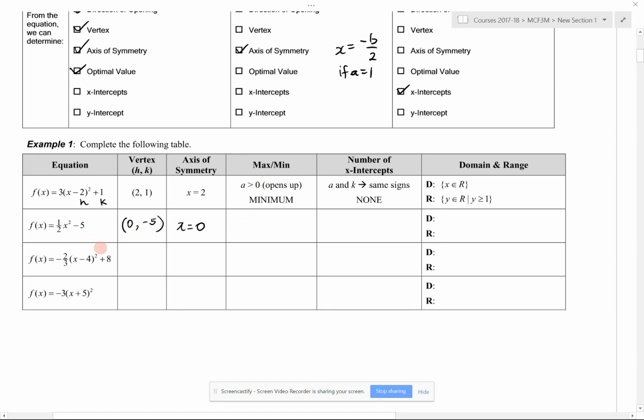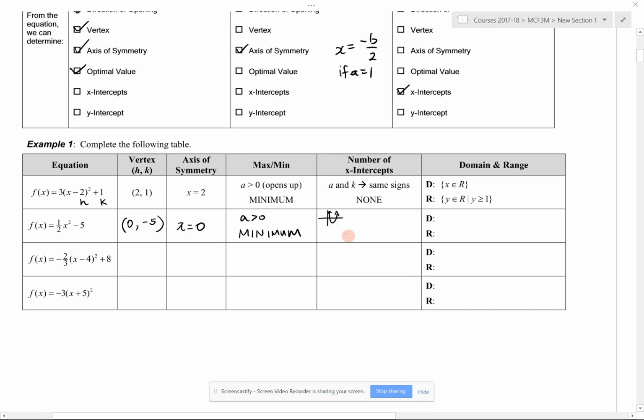We have an a value that's positive, so it's going to open up. So we are going to have a minimum. And because our k value is negative, that means we are going to be below the x-axis. So if we are below the x-axis and the graph opens up, then we are going to cross the x-axis 2 times.